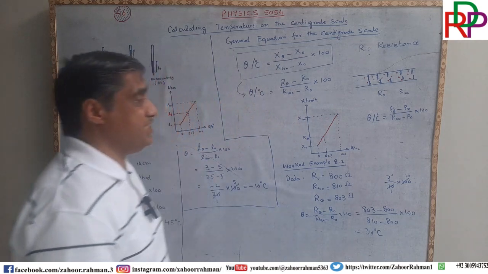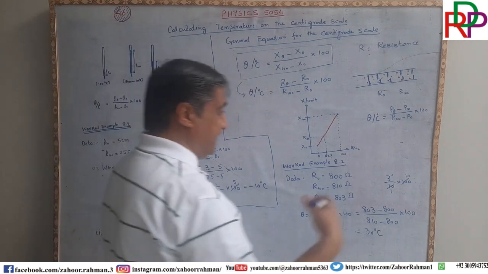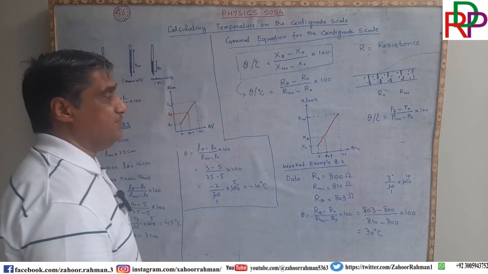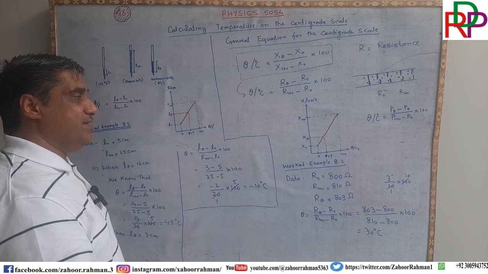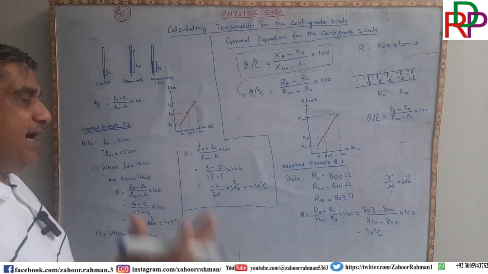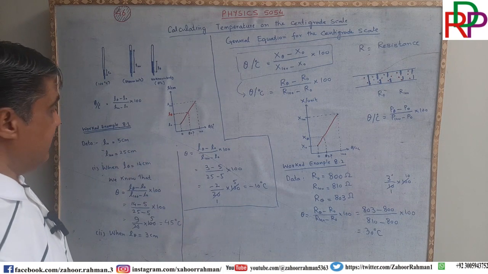Now you will say, what is P? It is the pressure. So pressure can also be used to measure temperature: at high pressure there will be one temperature, and at low pressure another.